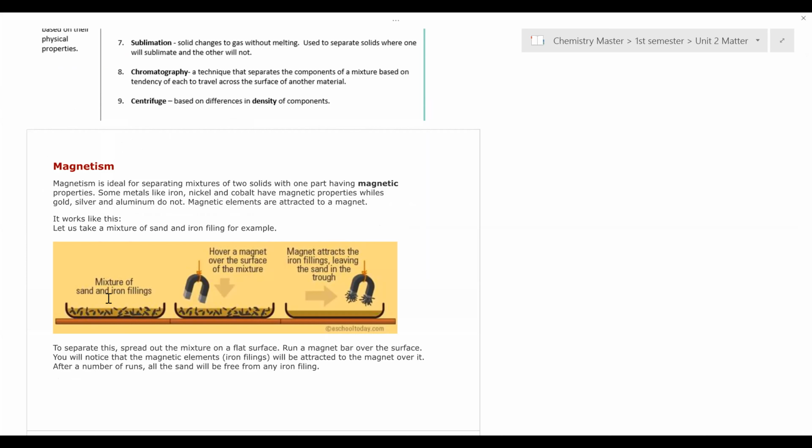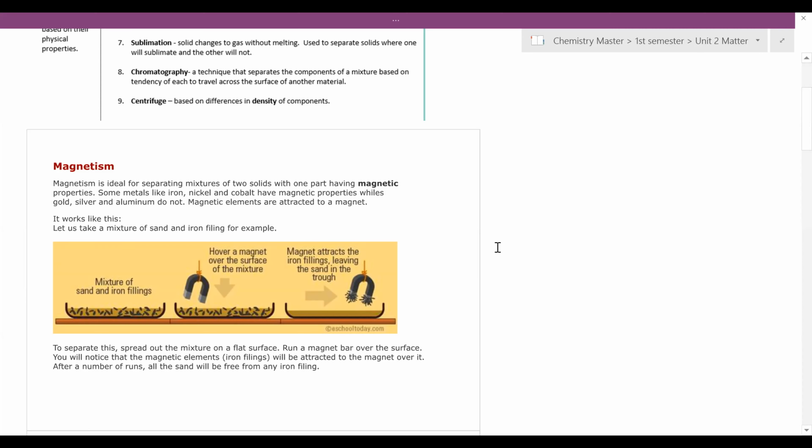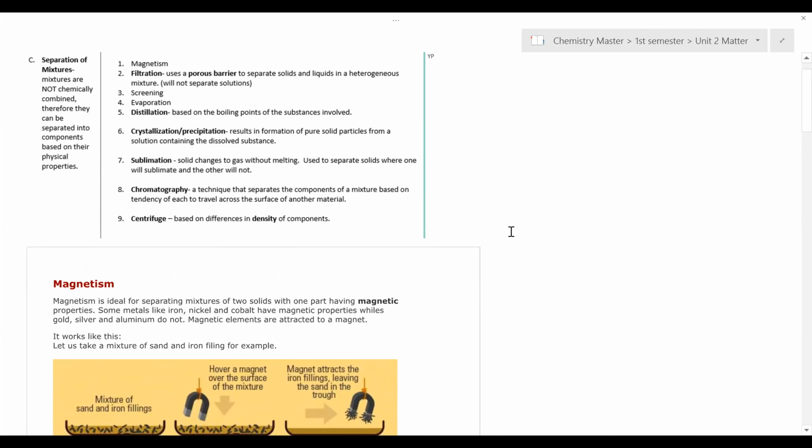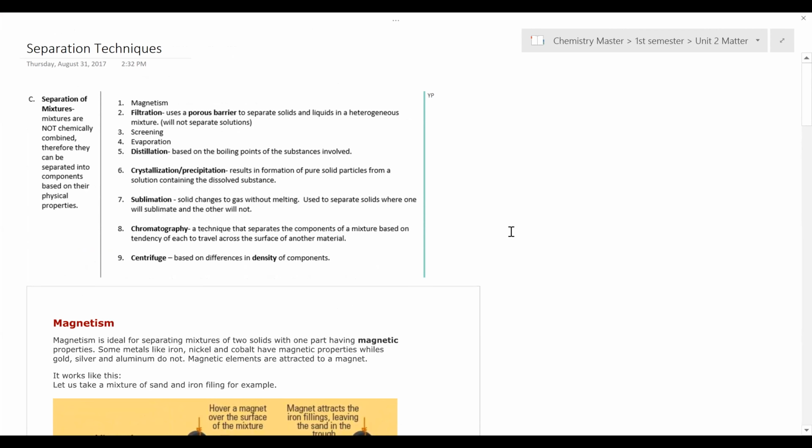Anybody hunt or shoot or anything like that? Those usually are magnetic as well, okay? So if you wanted to separate that stuff out, you can just take a magnet over it, and it's going to pick up the iron filings and leave whatever you don't need. I don't know if you need to write any notes on that. You can say usually metals, but not all metals. I think most of us know what magnets are. So we can use that as a separation technique.